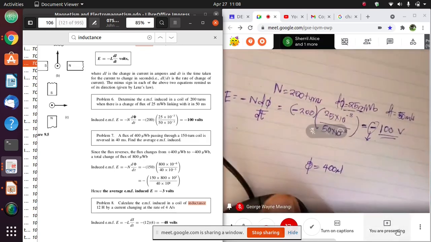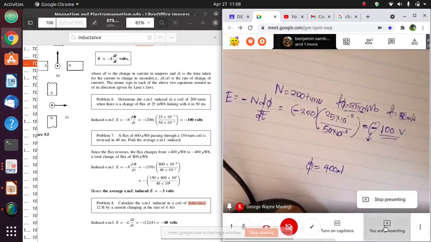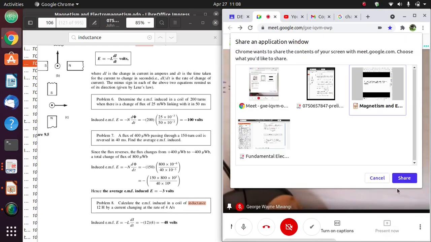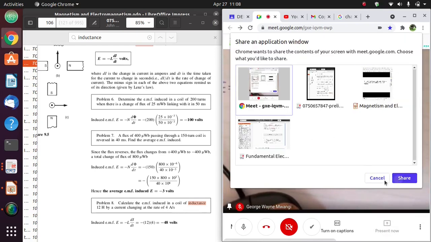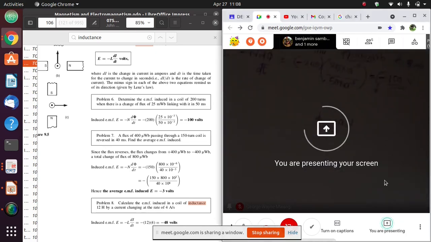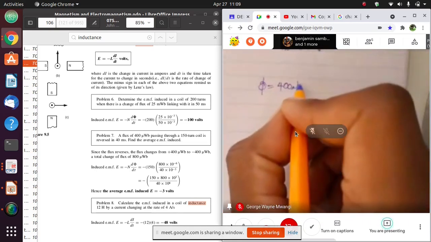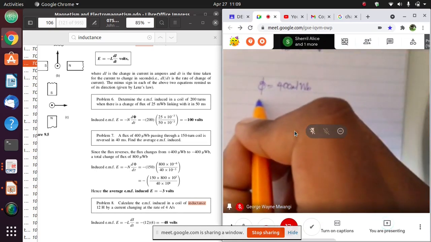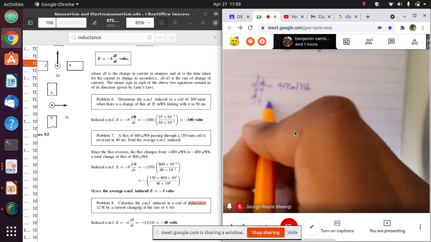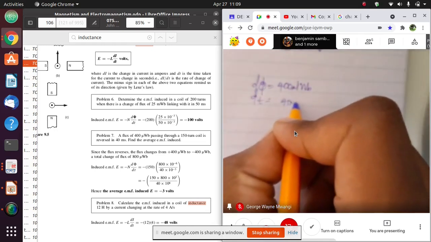Yes. Now, how will we do it? We've been told that our flux is reversing, so it is 400 microweber, and the change in time is 40 milliseconds.